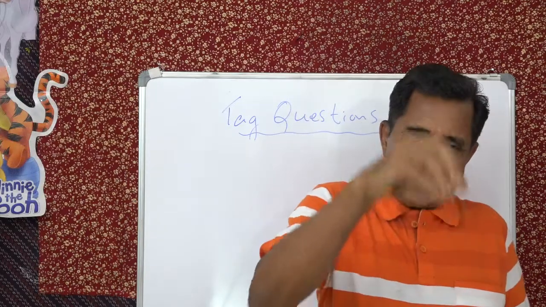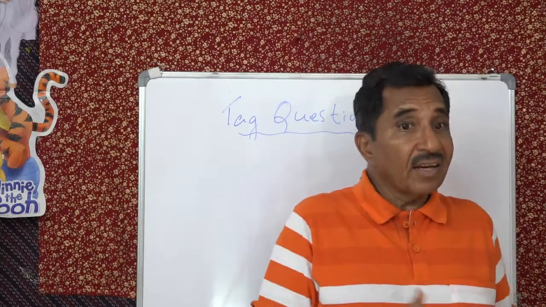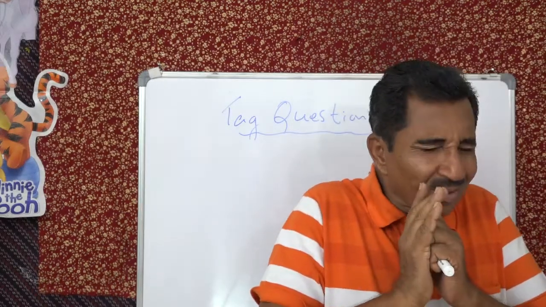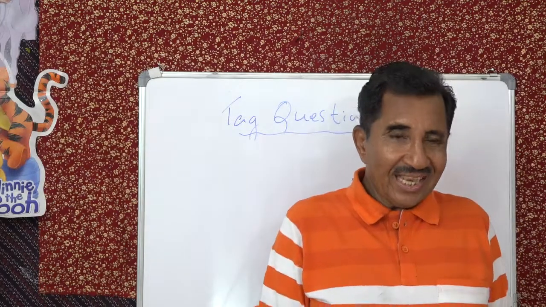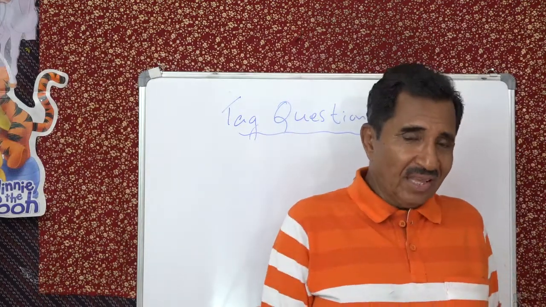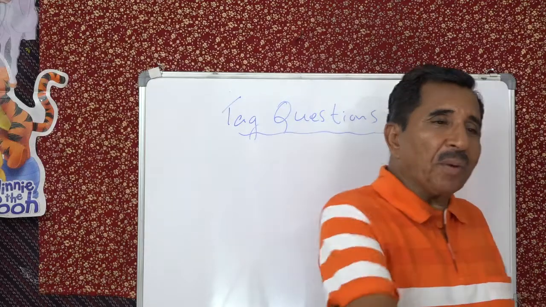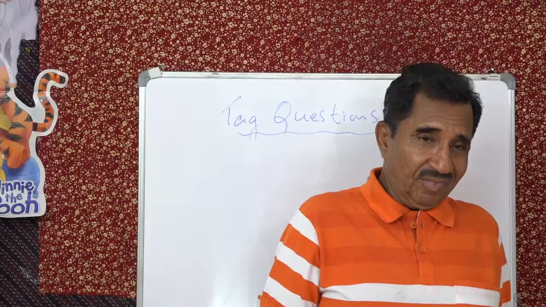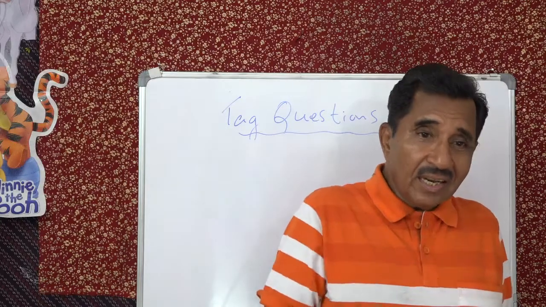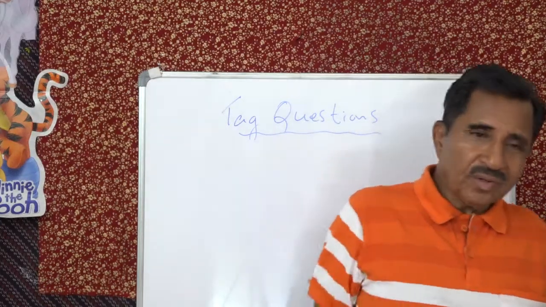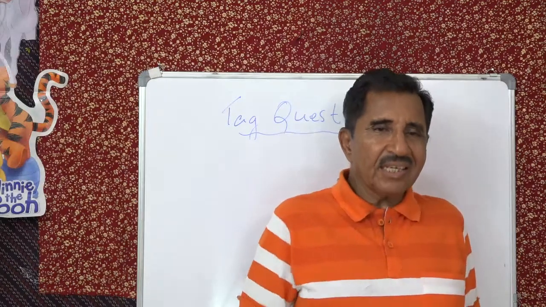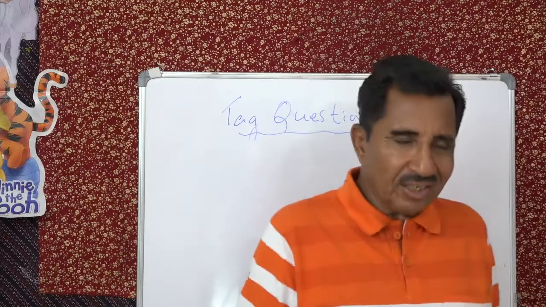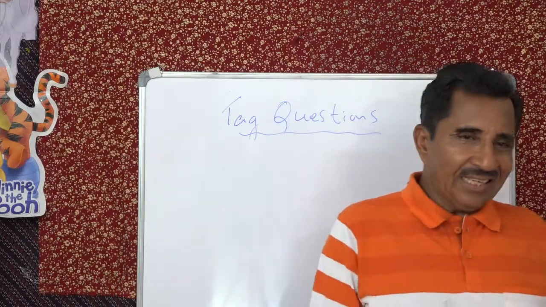If such words are in a sentence, then the tag should be positive. I saw few people, then the tag should be positive. I saw few people, did you? Or if you are asking yourself, you can say, did I?